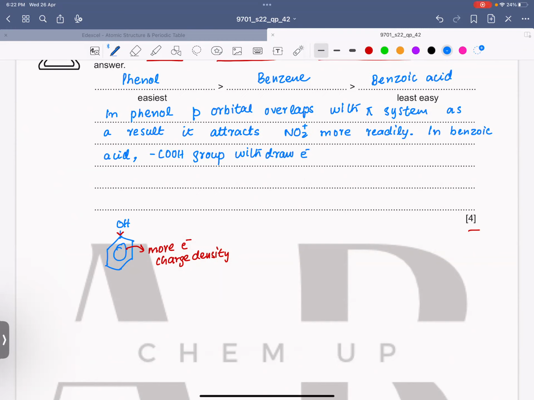So what would happen over here? See, here you have a benzoic acid. It withdraws electrons from the benzene. As a result, here in the pi system, there would be a lower electron charge density, because the electrons are withdrawn towards the carboxylic group.